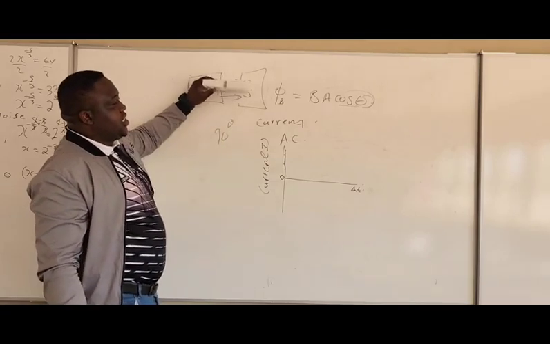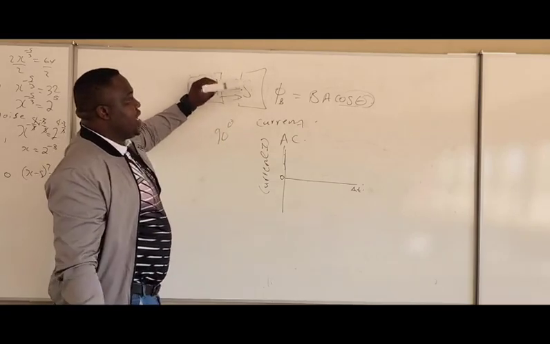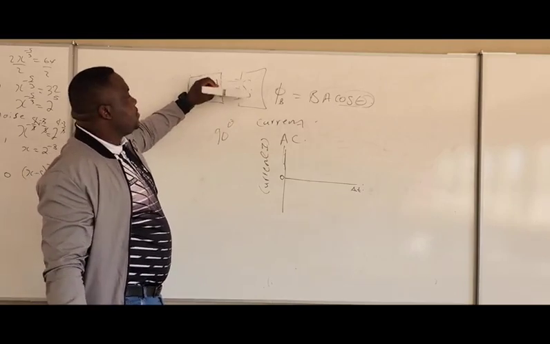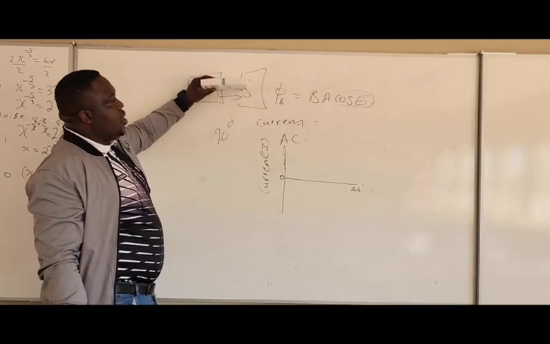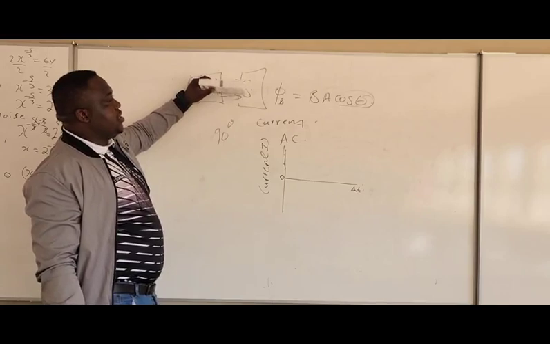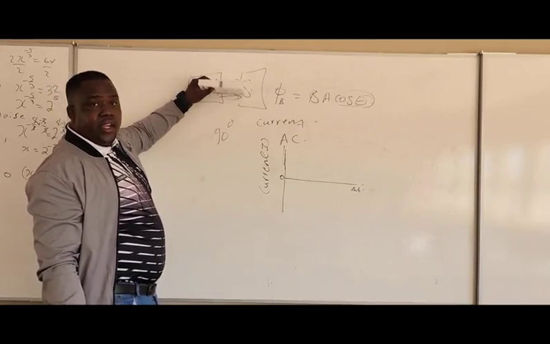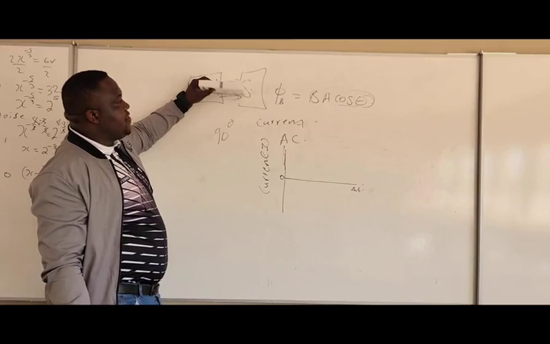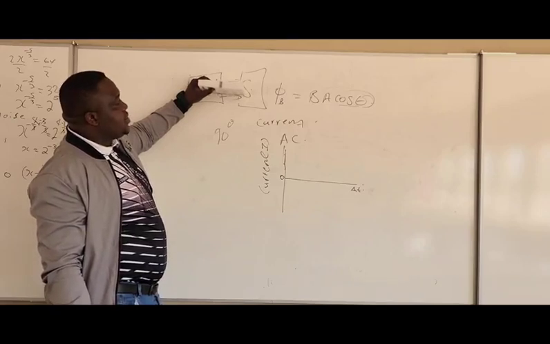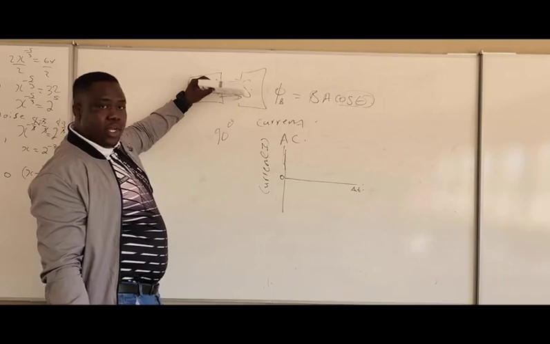So I've positioned it here. I want to draw starting from here. What will happen? Since I'm starting in this position, the coil is parallel to the magnetic field. The normal line is perpendicular to the magnetic field.